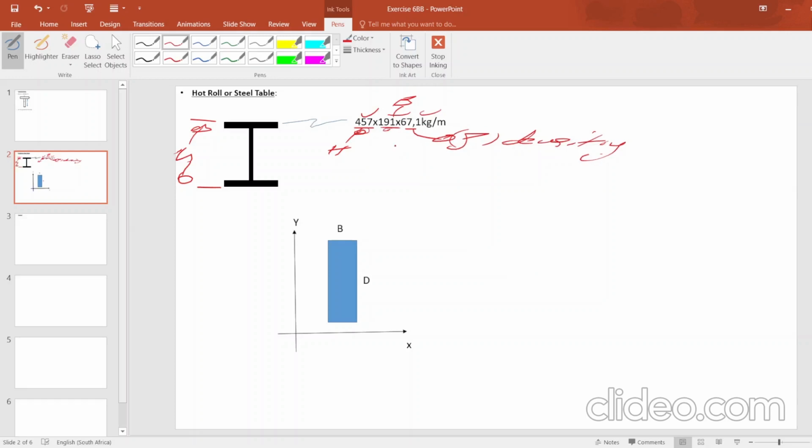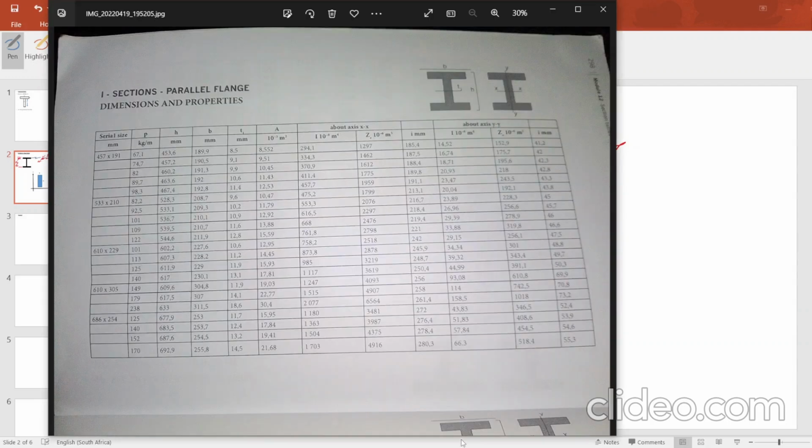You must go to the hot roll and use the given height of this beam on the hot roll or the steel table. For instance, this is the beam that I'm looking at, 457 by 191 by 67. The density is the one that will indicate for you which properties of an I profile you must use.